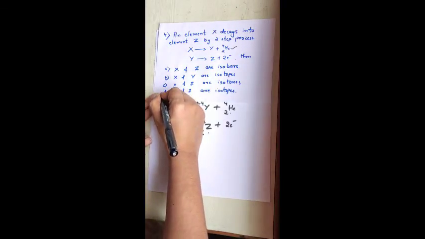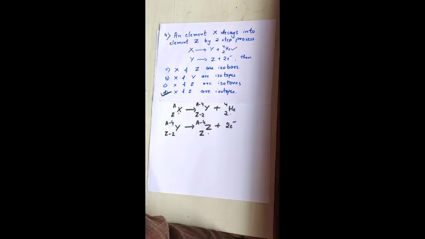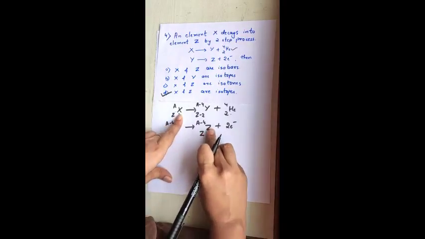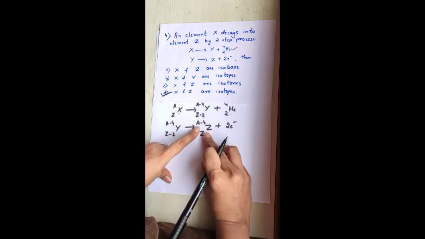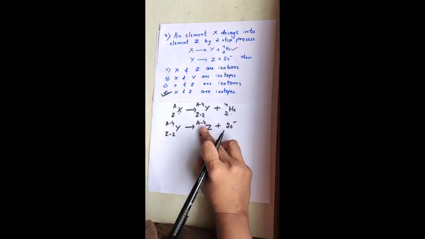So X and Z are isotopes is the right answer. Because the first option given here is X and Z are isobars. Isobars are the atoms having same mass number. If I consider X and Z, here the mass number is A, here it is A minus 4. They don't have same mass number and therefore this option can be excluded.